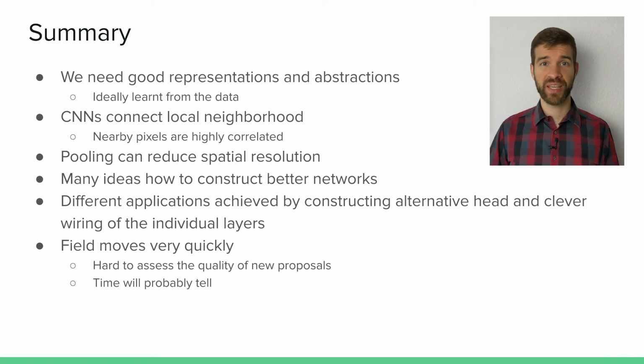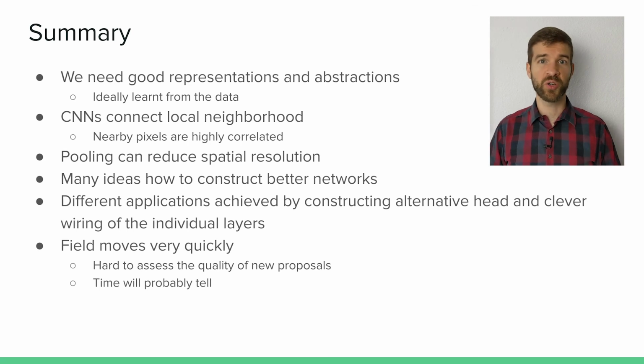And different applications, as we've seen, depending on the task that you're working on, require different architectures and different wirings of these to solve your problem. And you might be able to come up in the future with a new architecture that no one has thought of before to be really good at your specific problem.